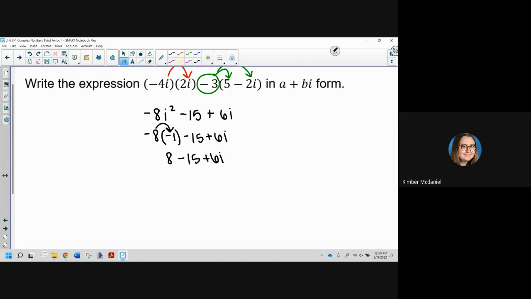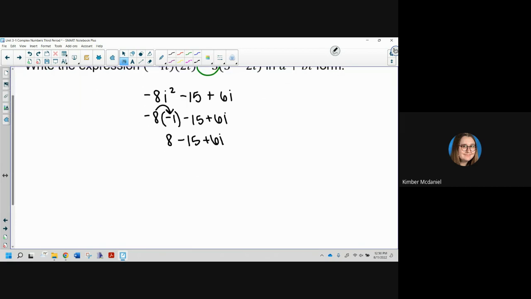And then the last thing that we do is combine like terms. The only like terms that we have are 8 minus 15, and 8 minus 15 is -7. So we have -7 plus 6i. Once you have that down, put your pencil down.